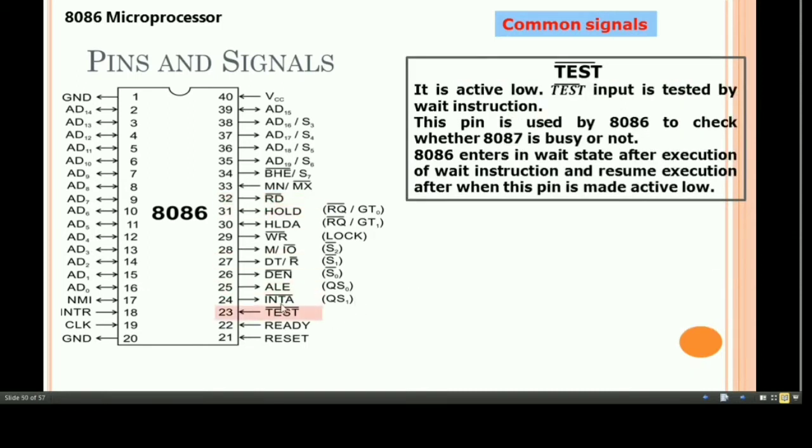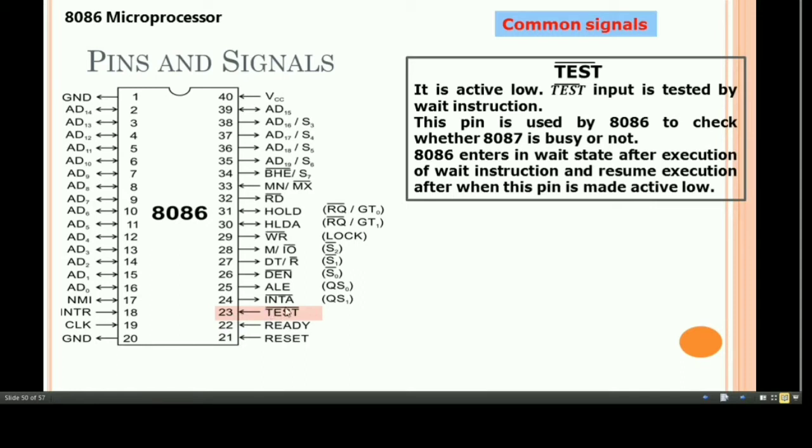Next is test bar. Pin number 23 is assigned for this test bar signal. So it is acting as an input pin for 8086. This arrow indicates that it is an input pin. It is also active low.